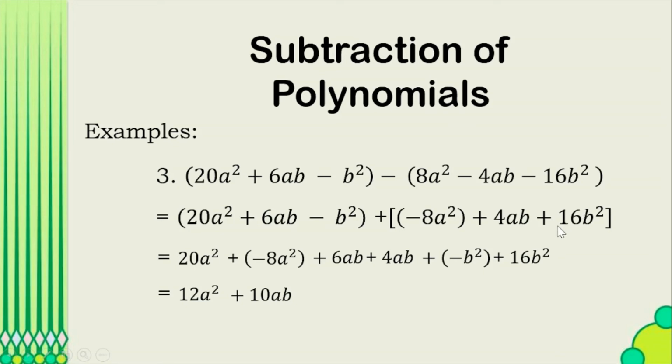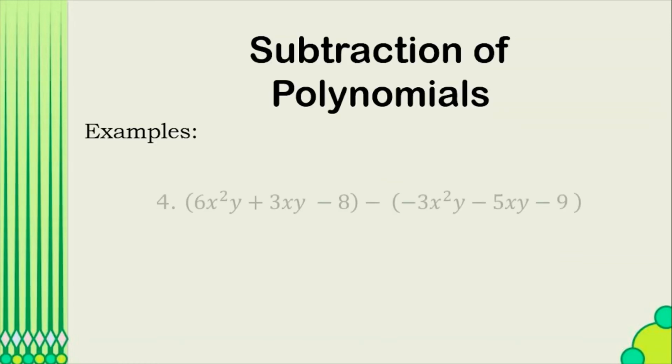So it is positive. That's why our answer here is positive 15b squared. Again, copy the literal coefficient, which is b squared. So we will be having plus 15b squared. Final answer, 12a squared plus 10ab plus 15b squared.